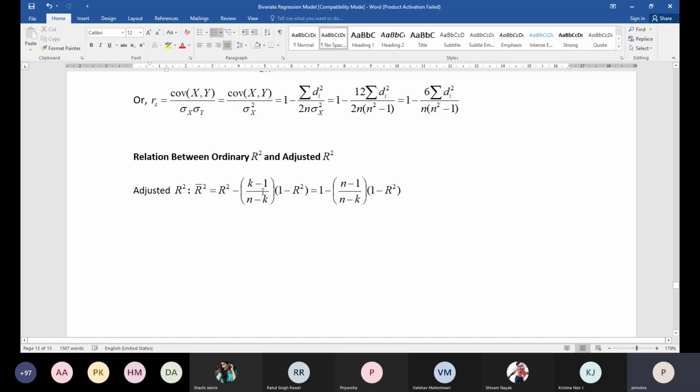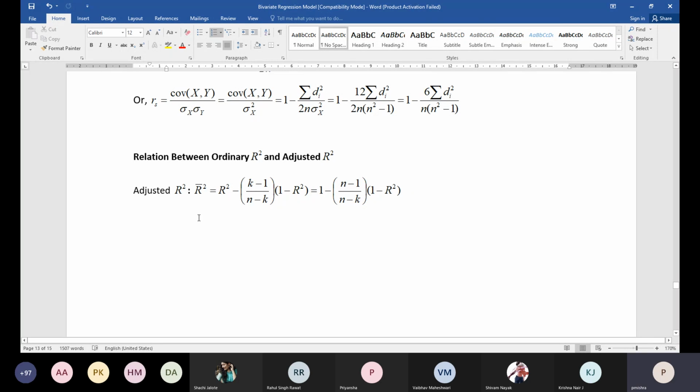Now as the value of k increases, the denominator goes down and the numerator goes up. That means this ratio increases, and as this ratio increases, this penalty also goes up.